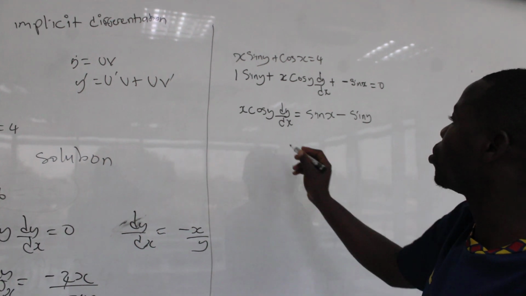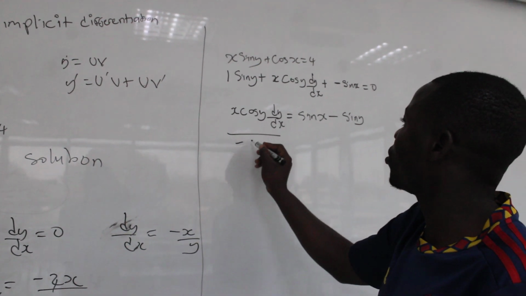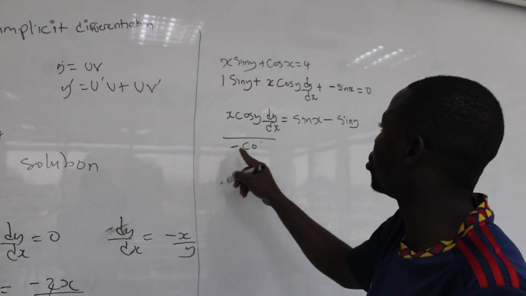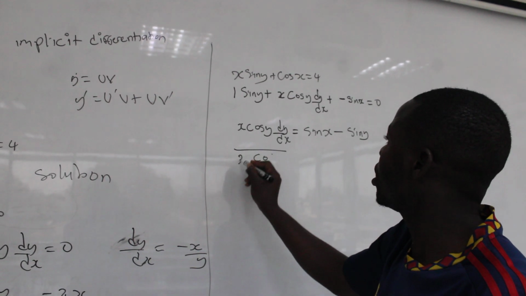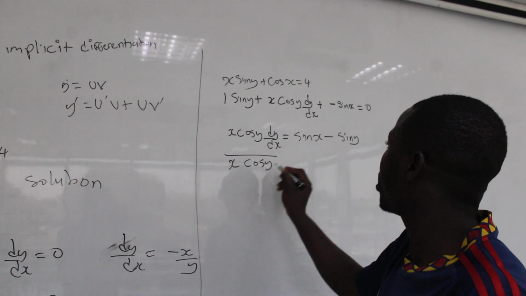What I want to do is divide both sides by x cos y.